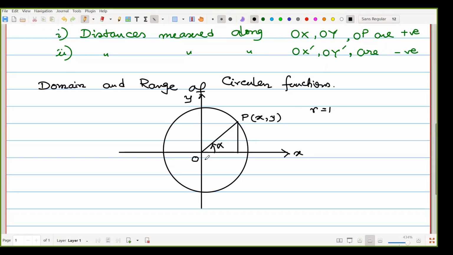Now that XY means that one is our X and that one is our Y. In the previous class we already discussed how we can find out.